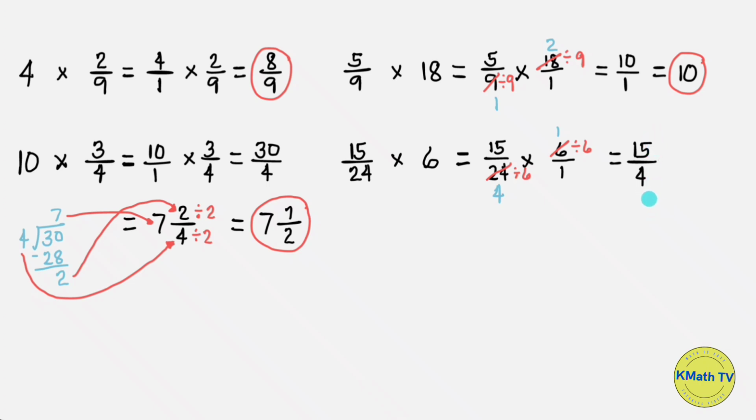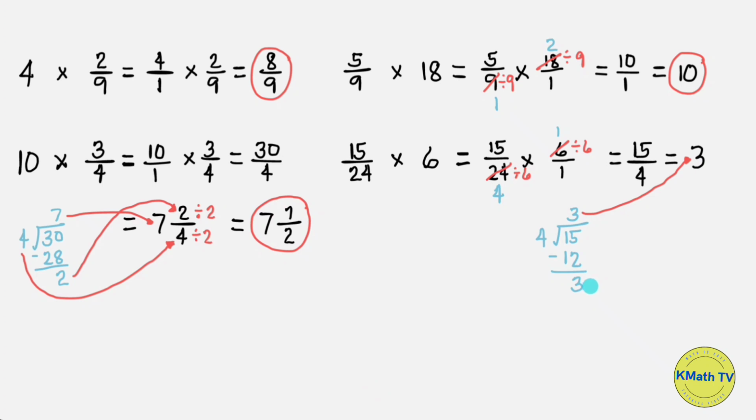So, we need to simplify it by dividing the numerator by the denominator. If we divide 15 by 4, the quotient is 3. And there is a remainder 3. Since there is a remainder, we will write the answer as a mixed number. Okay, let's write the answer. The quotient must be the whole number.